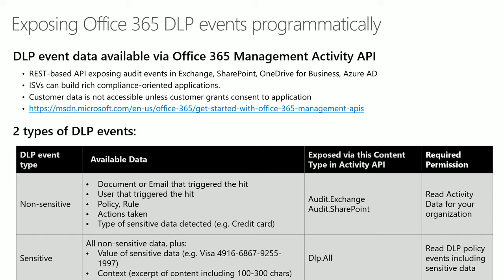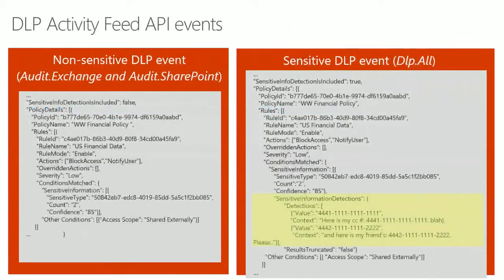However, if you want this evidence or context as part of your telemetry, you can choose the sensitive DLP event type, which will give you all the evidence or the context associated with that particular DLP incident. This is an example of what a non-sensitive DLP event looks like versus what a sensitive DLP event looks like.